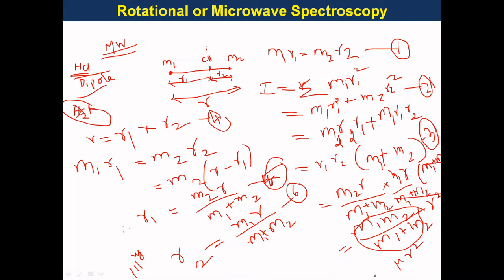The angular momentum of the diatomic molecule is given by L equals I omega, where I is the moment of inertia and omega is the angular velocity.